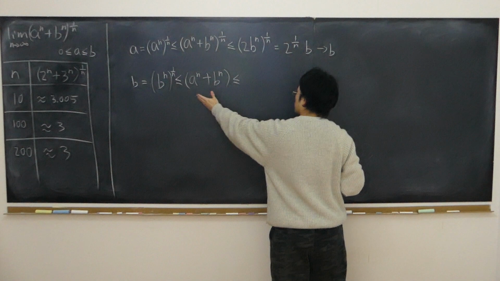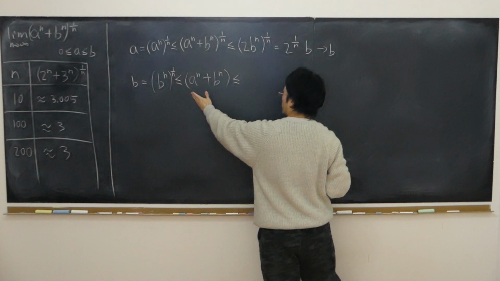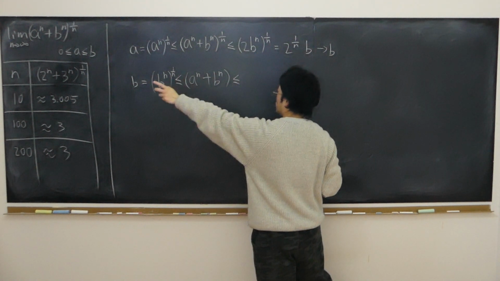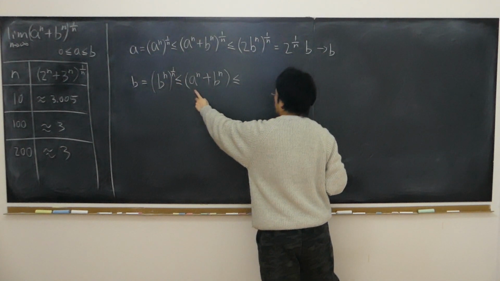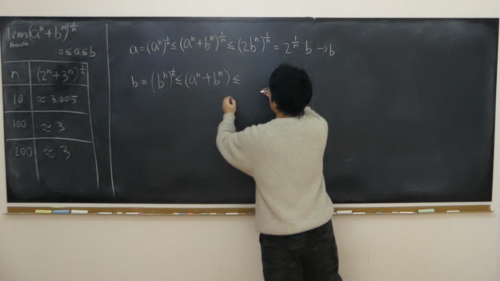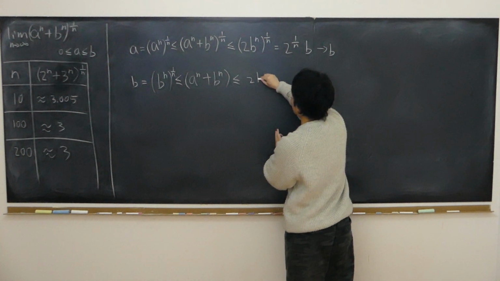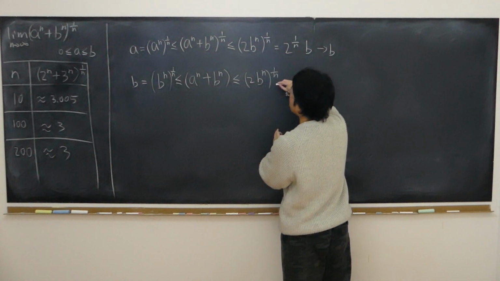How can we make it a little bit larger, by replacing this term a to the power n by b to the power n, right? Because a is less than b, b is greater than or equal to a, so it's okay. So b to the power n twice, over to the power of 1 over n.